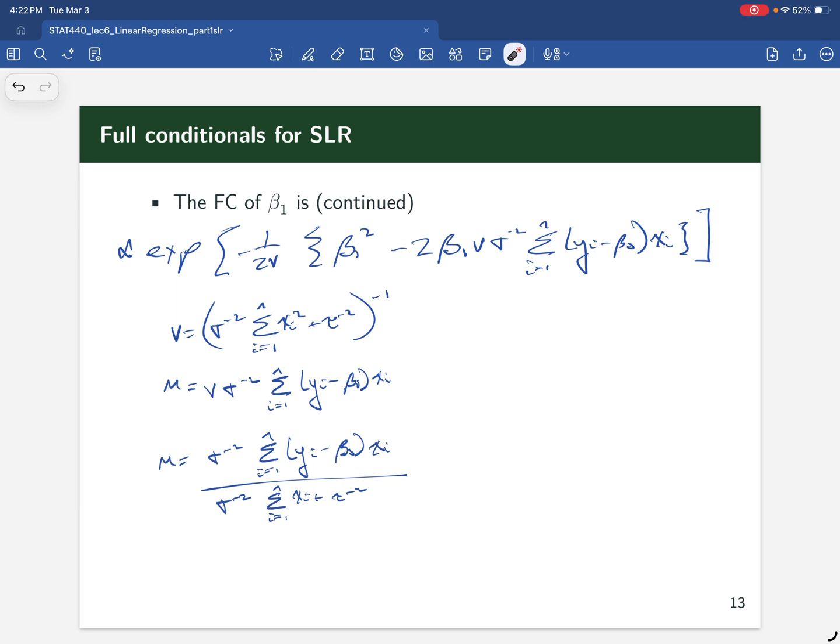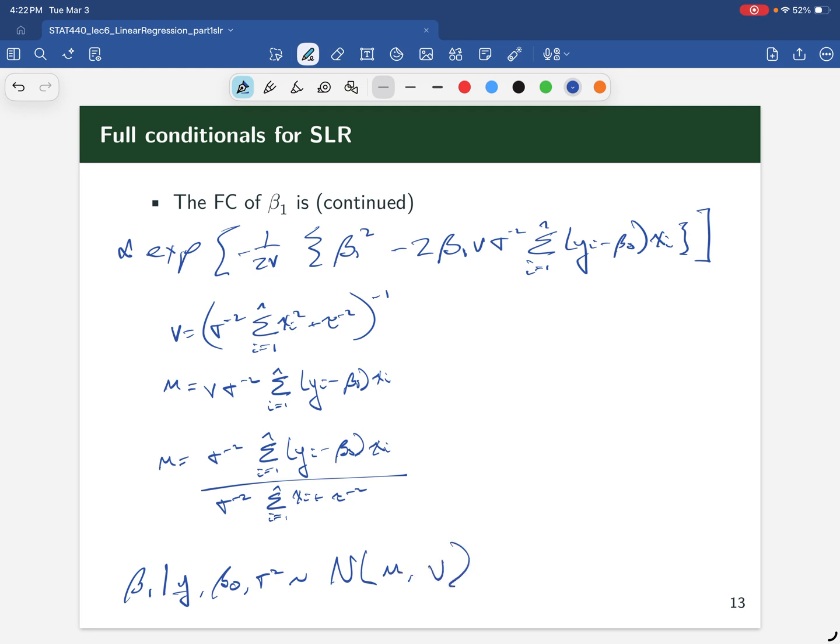So our posterior of beta 1 given our data, given beta naught, and given sigma squared, is distributed normal with a mean of m and a variance of v, where we have told you what m is and what v is.